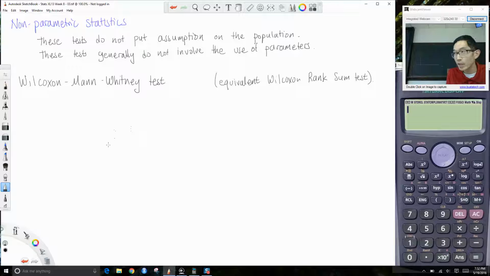Okay, and so the Wilcoxon Mann-Whitney test can technically be used anytime you have two independent samples with a numeric variable.